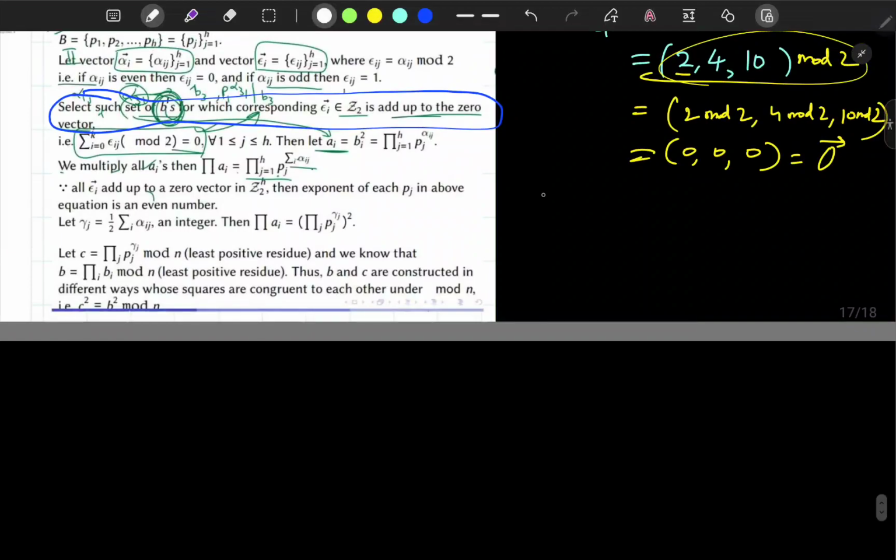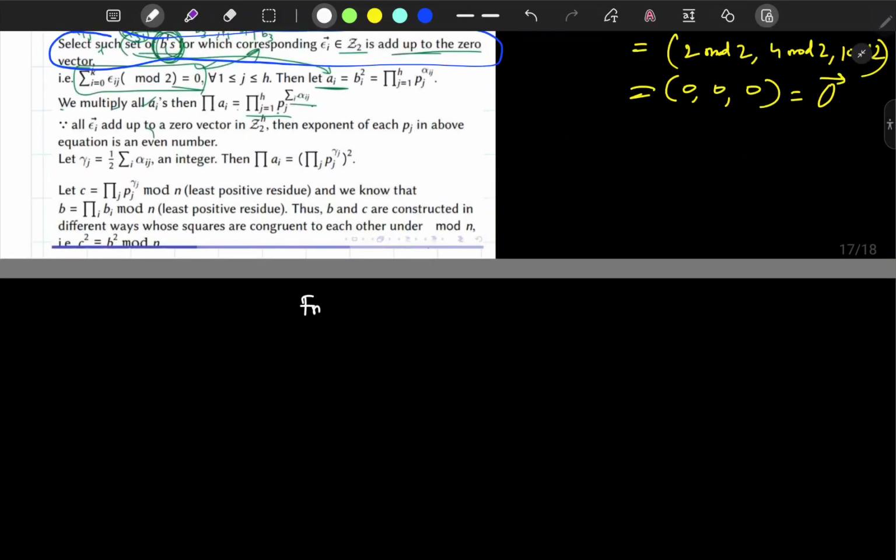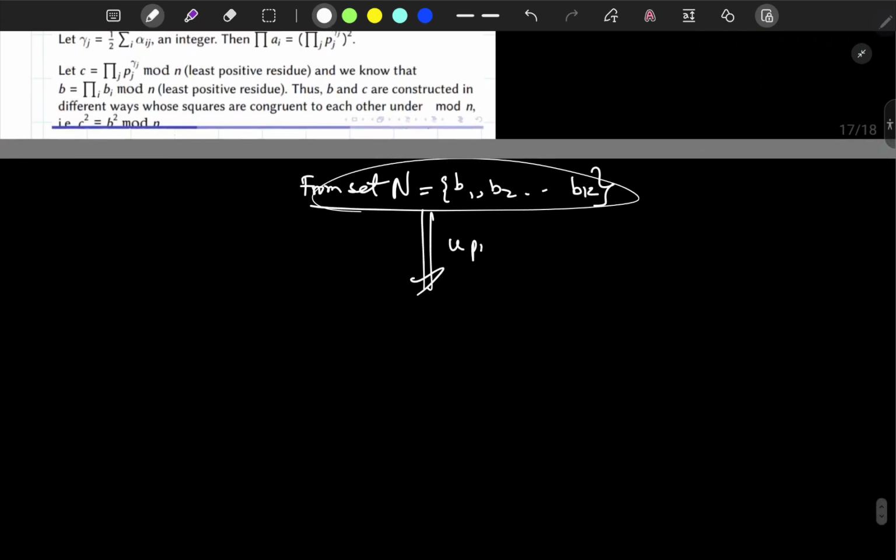Now what you have to do is multiply all those numbers. From the set having k numbers total, you pick a few elements such that epsilon i becomes the 0 vector.